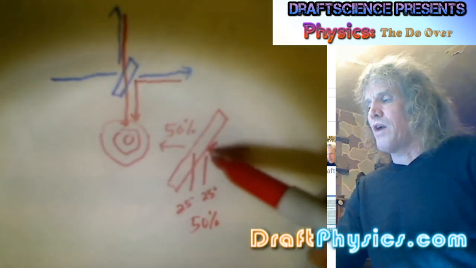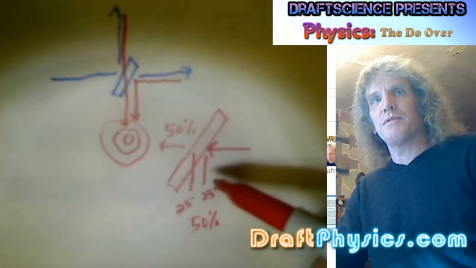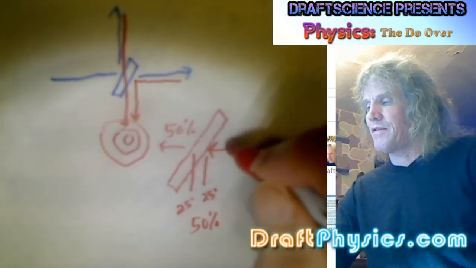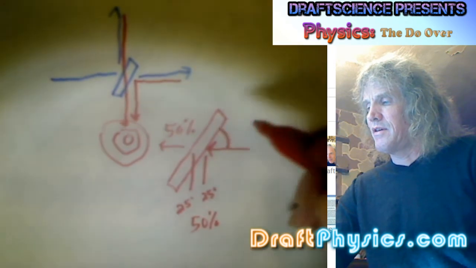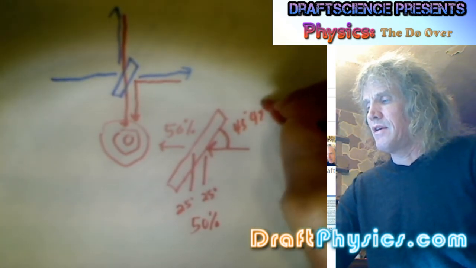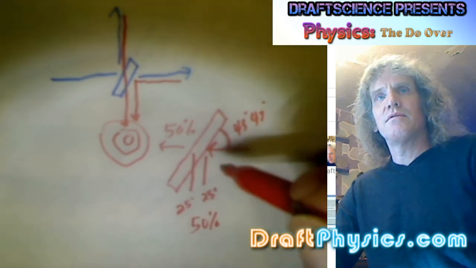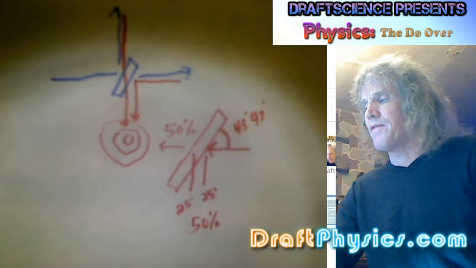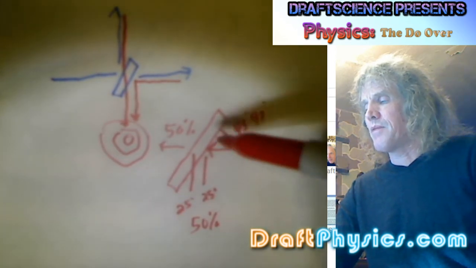And so why don't they use this simple beam splitter? And if these numbers were a little bit off, all you have to do is change this angle to 43 or 47 degrees, and you can adjust it to create your 50-50 without a problem.